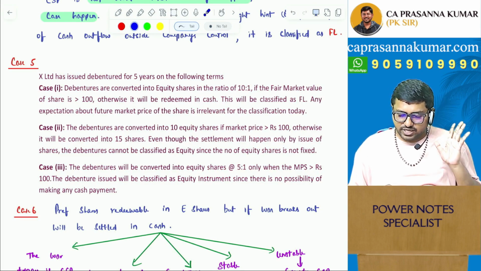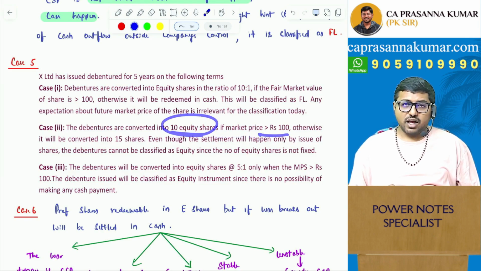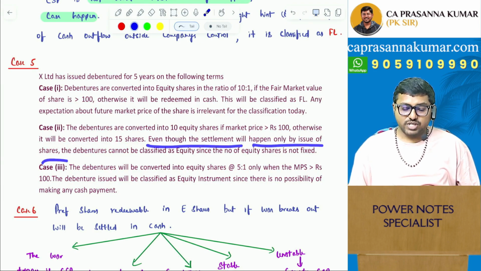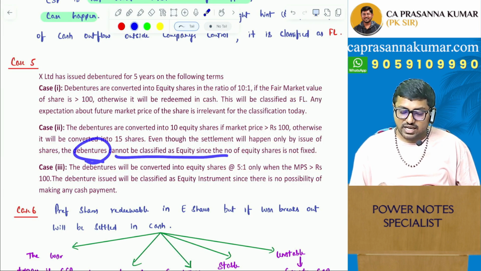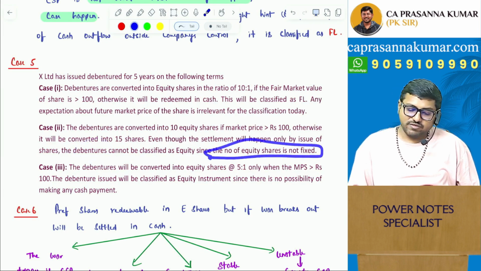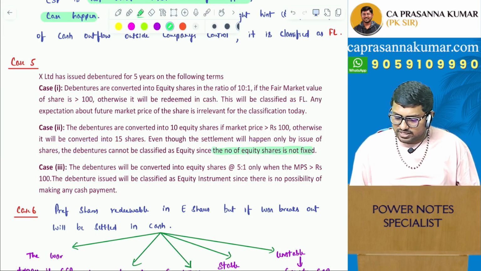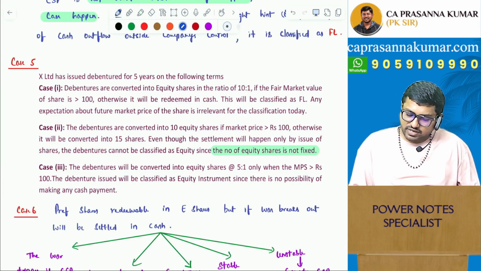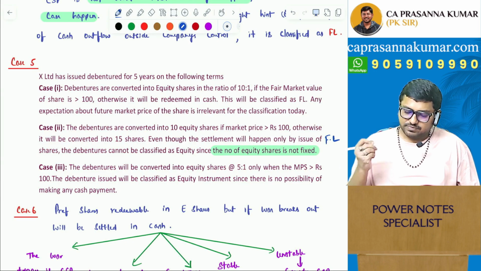Fixed number of shares. Is there a fixed number of shares over here? 10 shares if the market price is greater than 100. Otherwise, you have to give 15 shares. So even though the settlement will happen by issue of shares, the debentures cannot be classified as equity since the number of shares is not fixed. When the number of shares is not fixed, it is not satisfying the fixed to fixed condition. Therefore, it will be classified as financial liability.